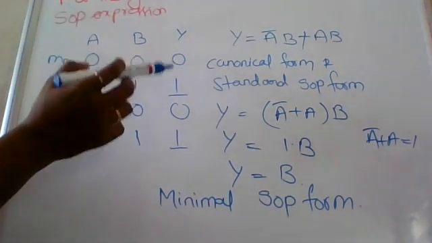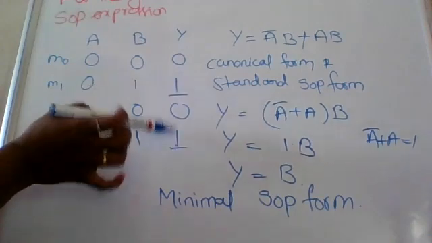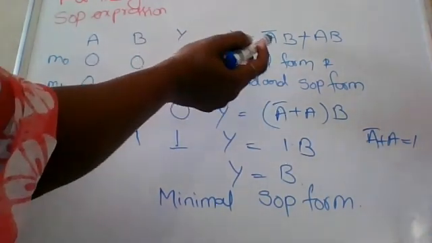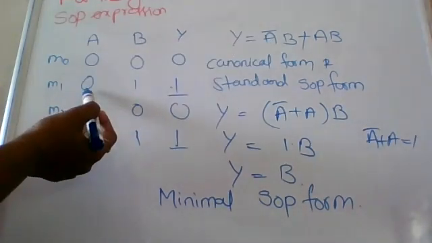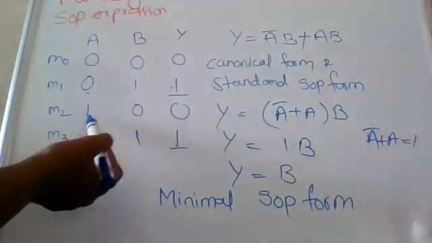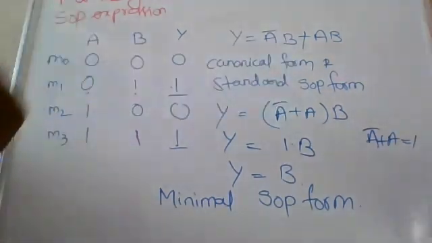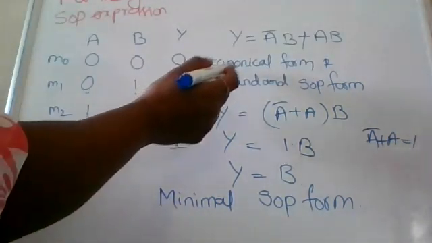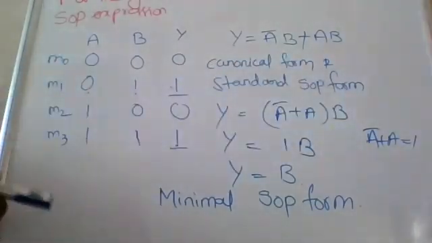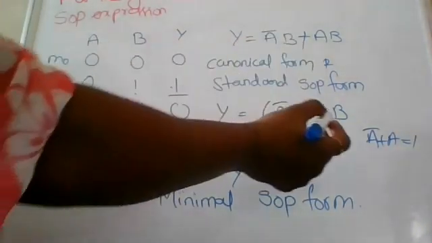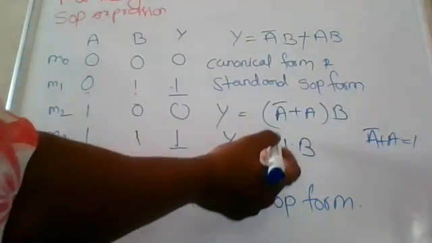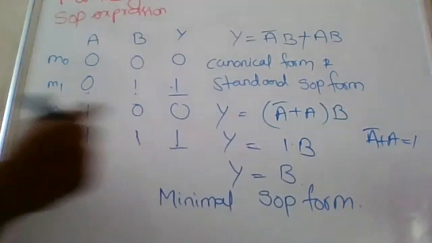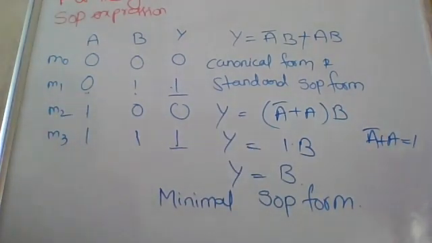Output is 0, 1, 0, 1. In two cases we get the output high. We write the expression Y equal to A bar B, since A equal to 0 means A bar and B equal to 1 means B, plus AB, since 1 1 means AB. This is canonical form or standard SOP form. From distribution law, B common, A bar plus A equal to 1, 1 dot B, Y equal to B, minimal SOP form.